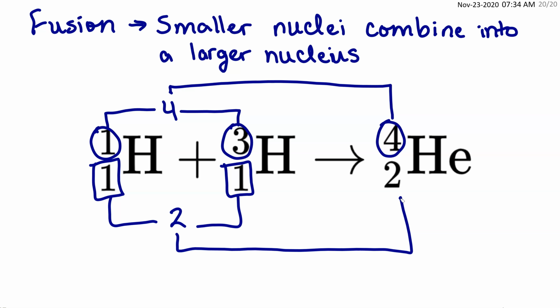And you will notice that the identity of the element has changed. We start with a larger number of nuclei, and we end with a smaller number of nuclei. In this particular case, 2 hydrogens are coming together to form a helium, and this is part of what's called the proton-proton chain in stars.